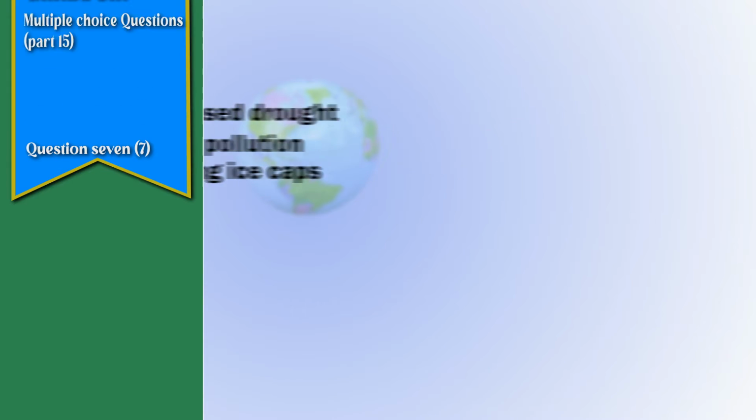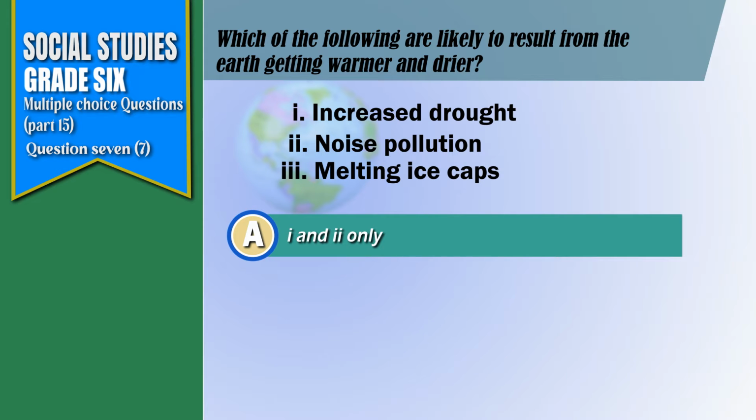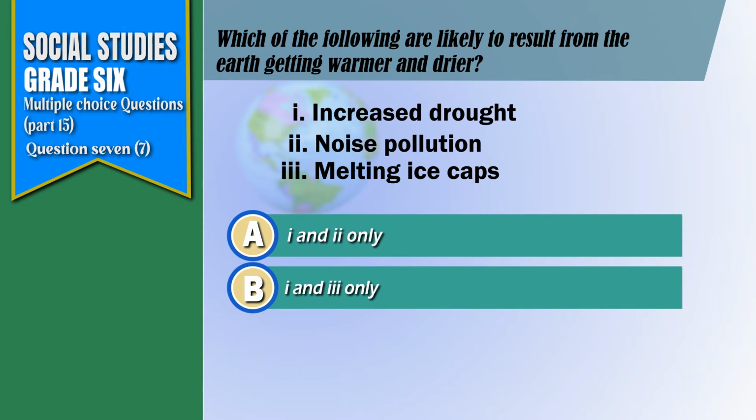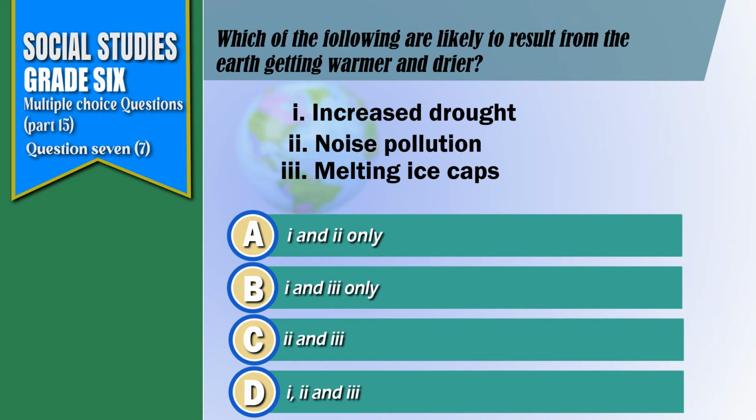Question 7. Which of the following are likely to result from the earth getting warmer and drier? There are 3 answers, and then they are combined to make the answers for A, B, C, or D. So, Roman numeral 1, increased drought.